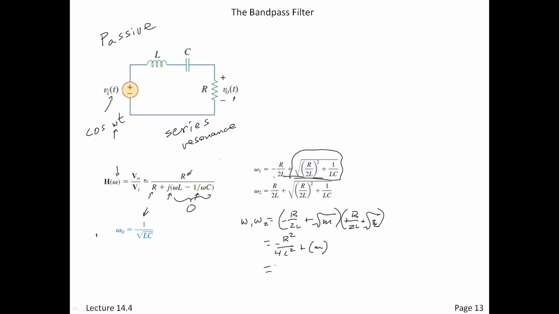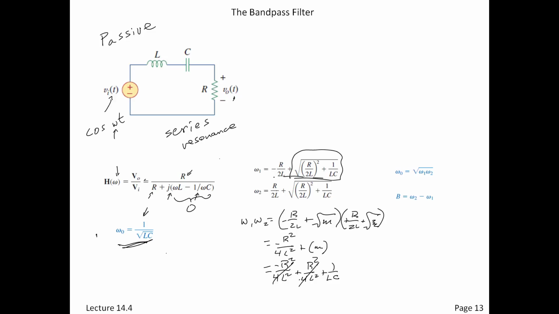I've got minus R squared over 4L squared, plus, here it is again, R squared over 4L squared plus 1 over LC, right? Just liberating that. And these two very nicely cancel. And this then is equal to omega 1, omega 2. The product is 1 over LC, but that looks suspiciously useful here.